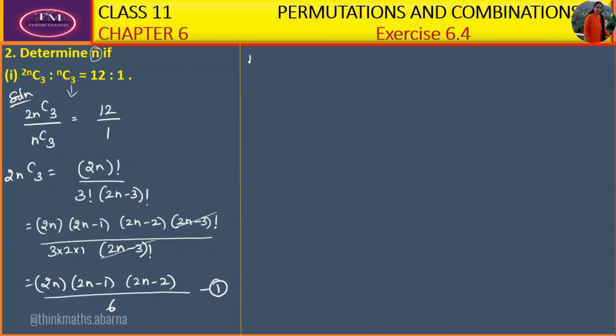Now find nC3: n factorial divided by 3 factorial into (n minus 3) factorial. How to write this n factorial? n into (n minus 1), (n minus 2), and (n minus 3) factorial is here. So no need to go forward.